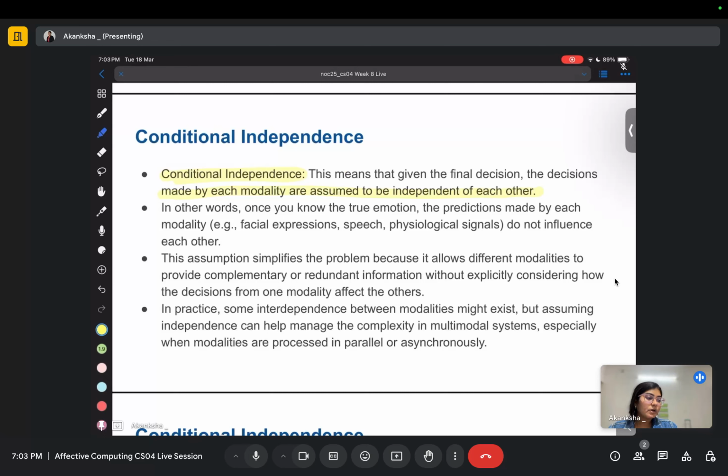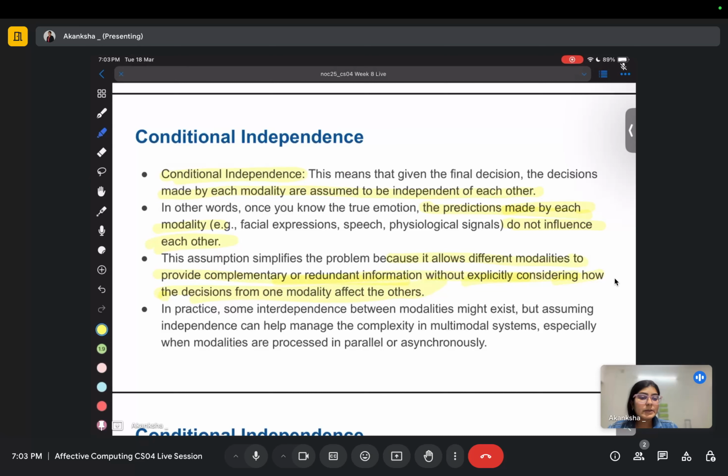So the most important thing to note here is that the predictions made by each modality do not influence each other, and it simplifies the problem because it allows different modalities to provide complementary or even redundant information without explicitly considering how the decisions from one modality are affecting the others.